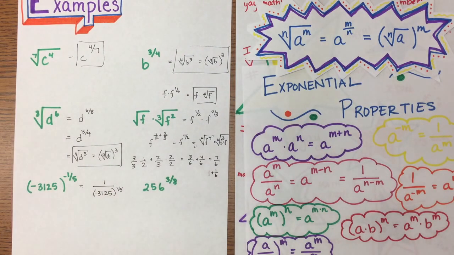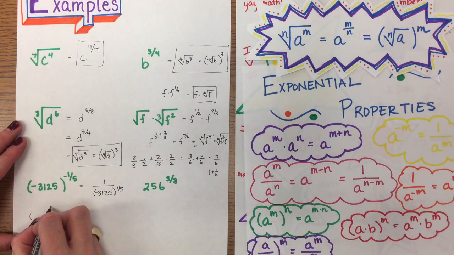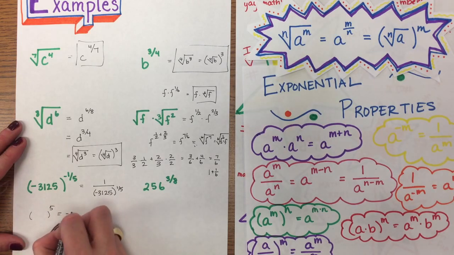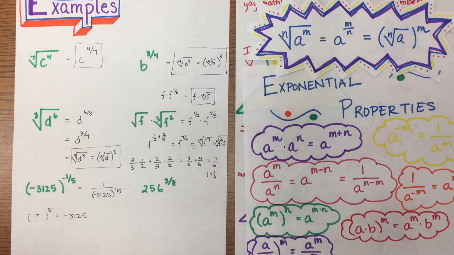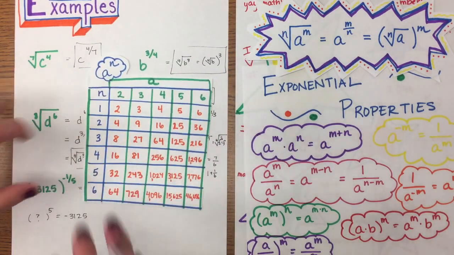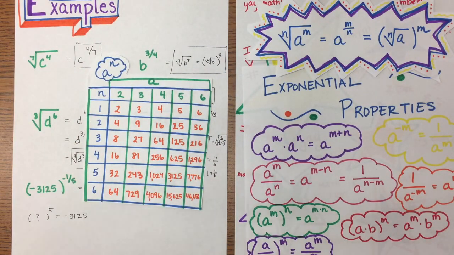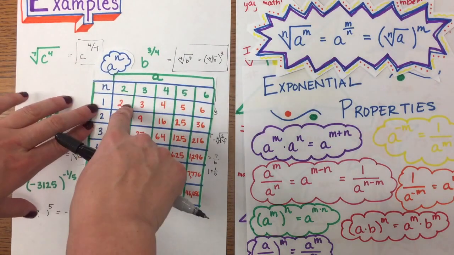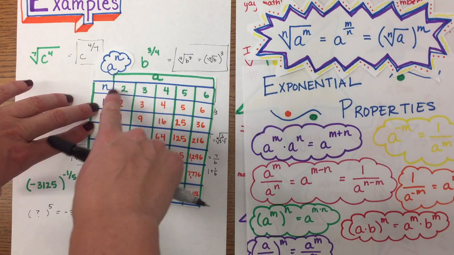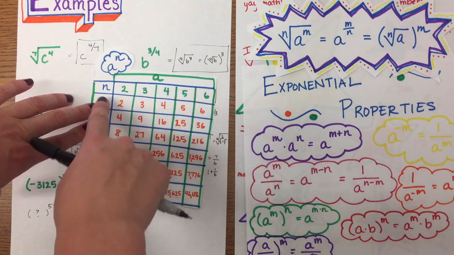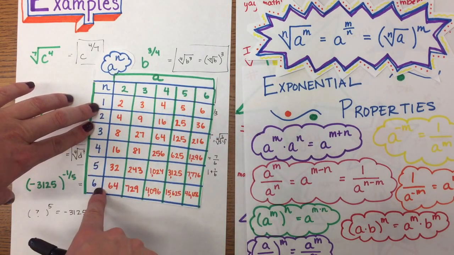So this is really asking the question, what raised to the 5th power is equal to negative 3,125? So I'm going to pull this out. This is my a to the n table. So this is 2 to the 1st power, 2 squared, 2 cubed, 2 to the 4th. And I have that for 2 through 6 raised to the powers 1 through 6.